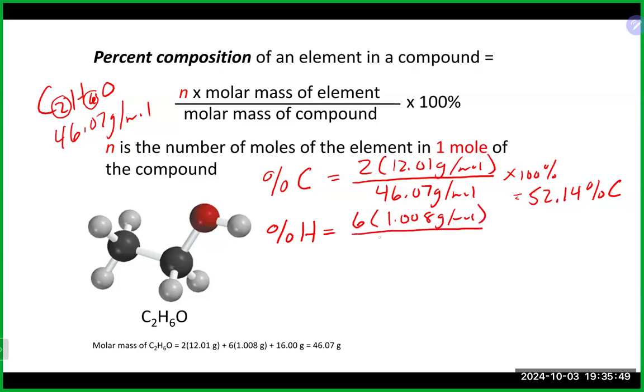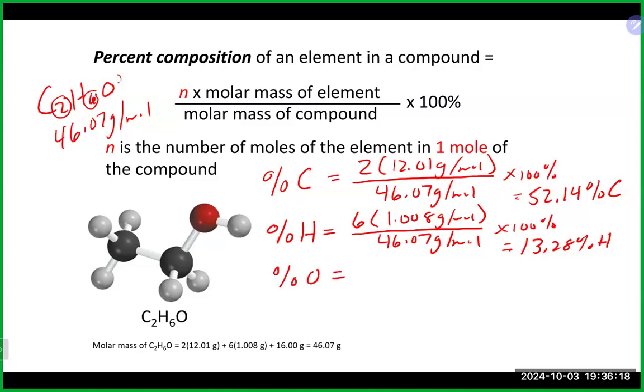Again, divided by the entire molar mass of the compound times 100%. And times it by 100 will give us that it is 13.28% by mass hydrogen.